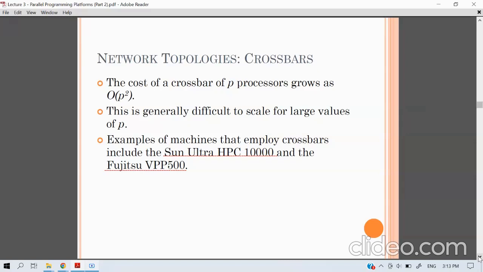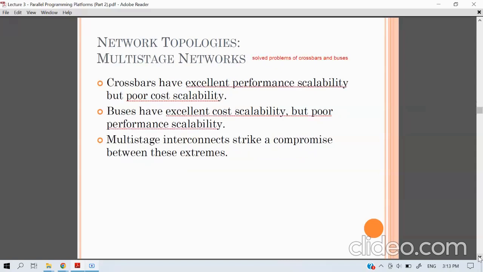Several examples that implement crossbar in the architecture are the Sun Ultra HPC 10,000 and the Fujitsu VPP 500. Okay, so the next one is multi-stage networks. Multi-stage network is introduced to solve problems of crossbar and buses, whereby crossbar has excellent performance scalability, but really poor cost scalability.